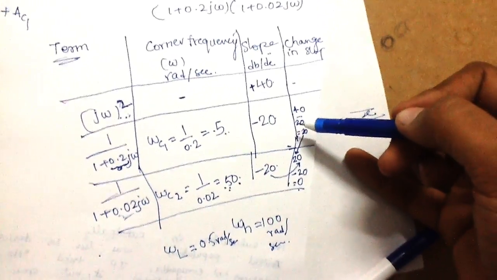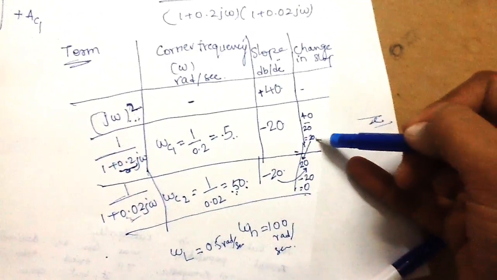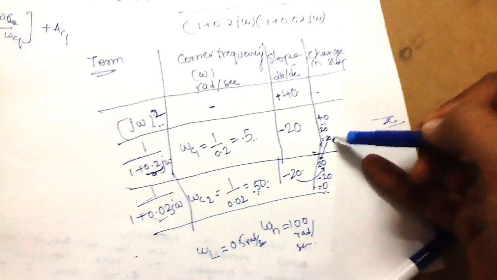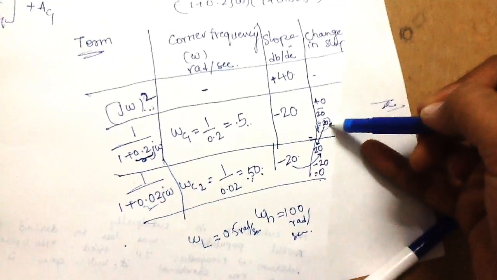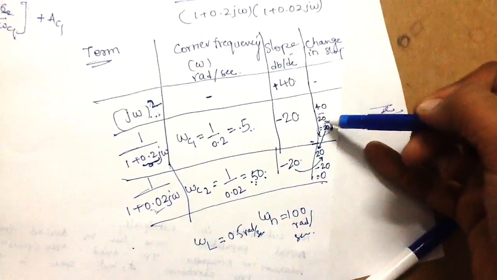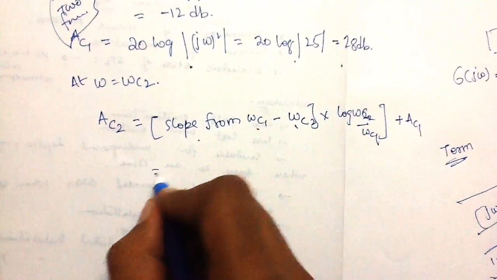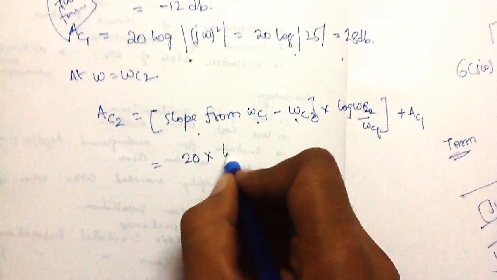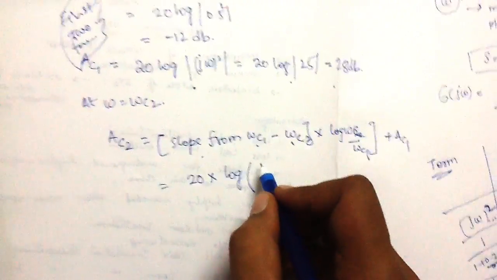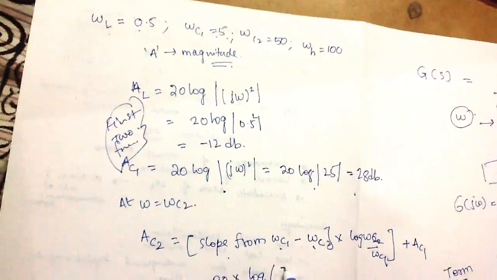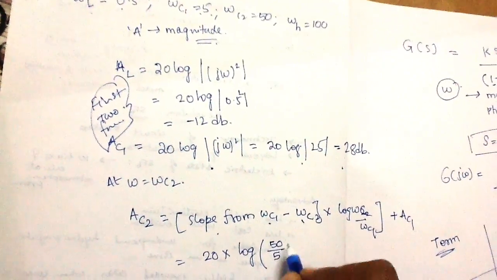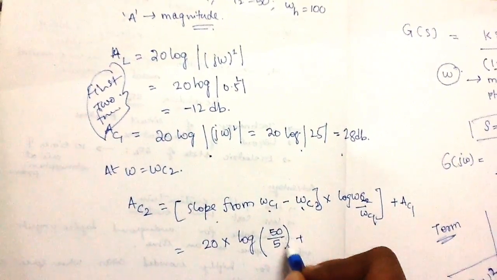So now the slope from omega C1 to omega C2 is, you're going to tell me looking at this, what is it? It is 20. Omega C1 to omega C2, the change in slope is 20. So you're going to write 20 into log. What is omega C2? Omega C2 is 50 and omega C1 is 5, so 50 by 5.